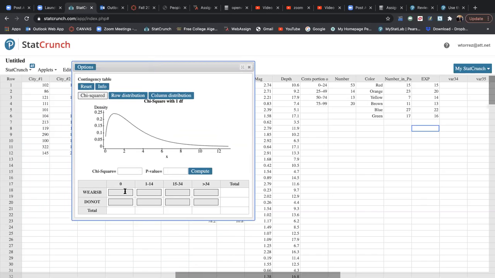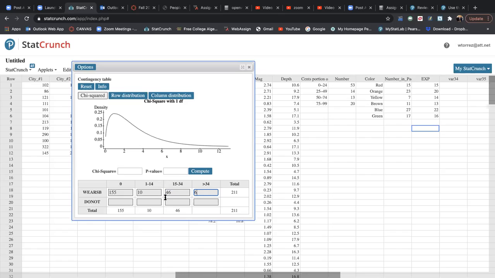Okay. So the first row is 155, 10, 46, and 6.